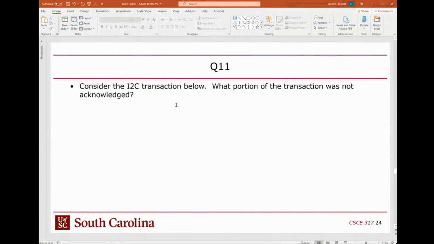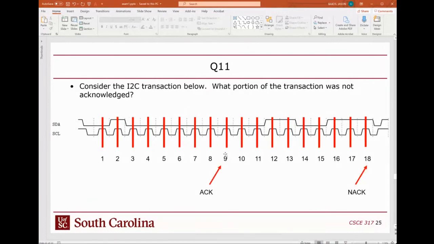Okay, question 11. Consider the I squared C transaction. What portion of the transaction was not acknowledged? This one is kind of a pain, because you have to divide this into bit slots, and then you have to divide it into the two parts, which is the address and the data part.